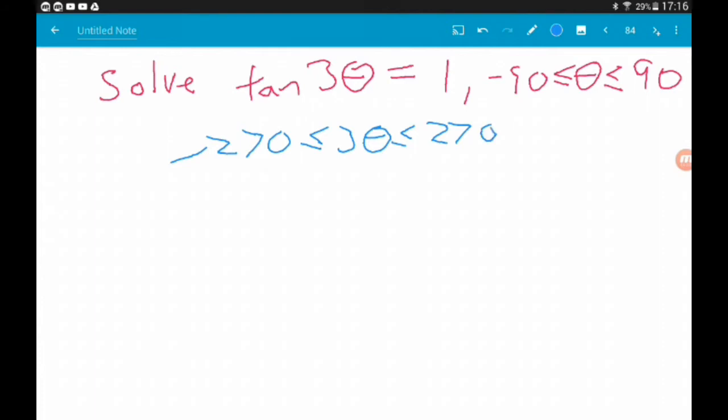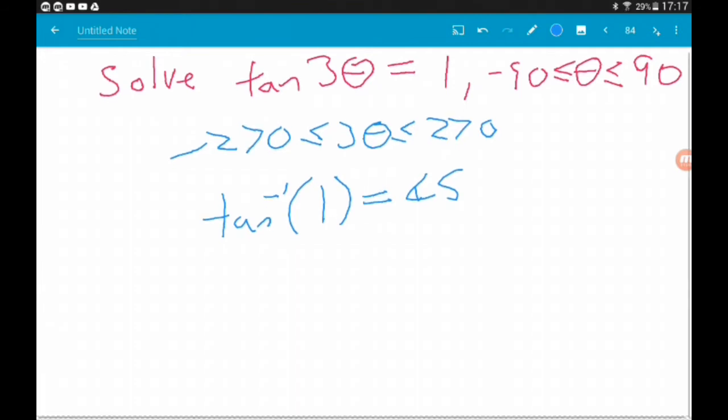So that is the interval that 3 theta is allowed to be in. We can get our first value of 3 theta by doing the inverse tan of 1, which is going to give us 45 degrees. That is certainly in our realm of values that 3 theta is allowed to be.